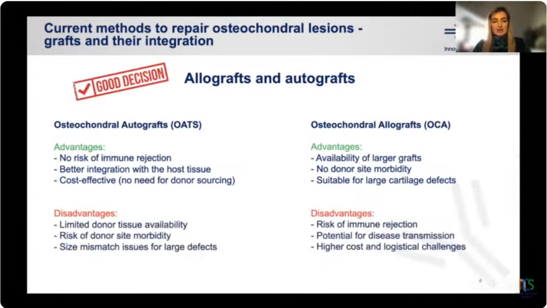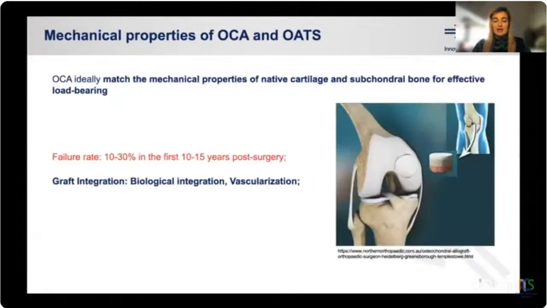For example, autografts have limited donor tissue availability and risk of donor site morbidity, while allografts have risk of immune rejection, potential for disease transmission, and more. But getting closer to their mechanical properties, what is very important to mention is that osteochondral allografts or autografts like mosaicplasty match the mechanical properties of the native cartilage tissue and subchondral bone, because basically this is the same material that is subjected to the same mechanical load.